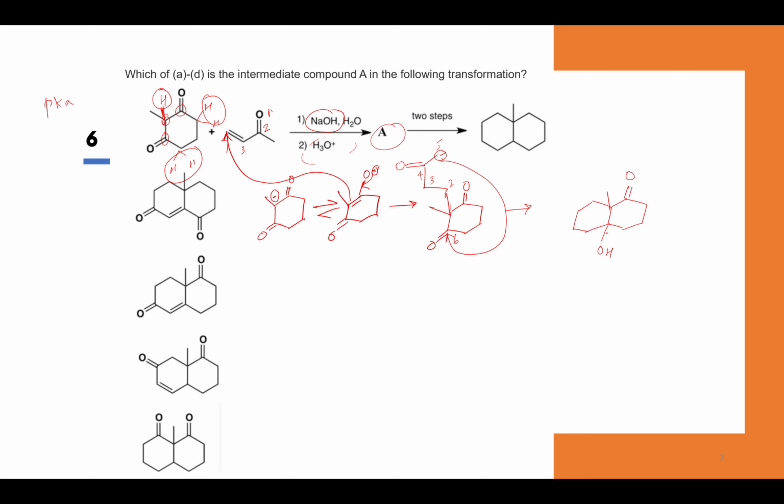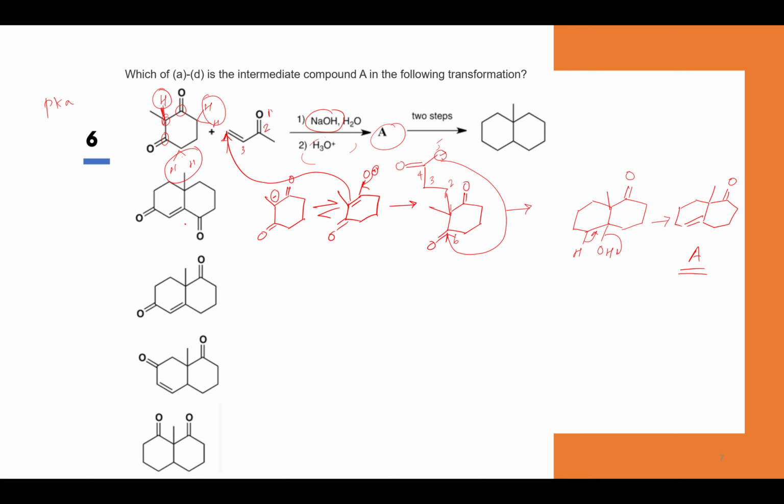After this, condensation will take place, and it will take place from here because here we have a proton, and here we don't have any proton. So that's why it does not take place from there. Here condensation will take place to form the product this way. Okay, so this is the intermediate we are getting here.